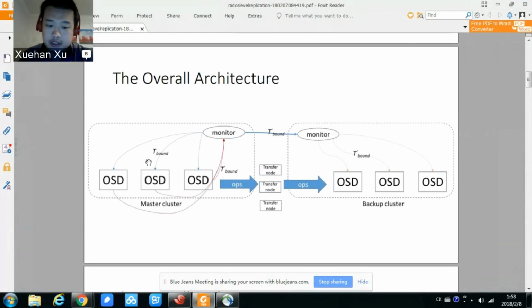First is for monitors to schedule all the pauses for the OSDs' ops processing, and the other is the OSDs to keep replicating their operations from the master cluster to the backup cluster.